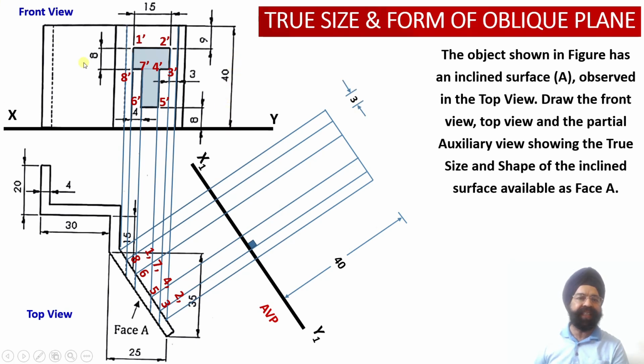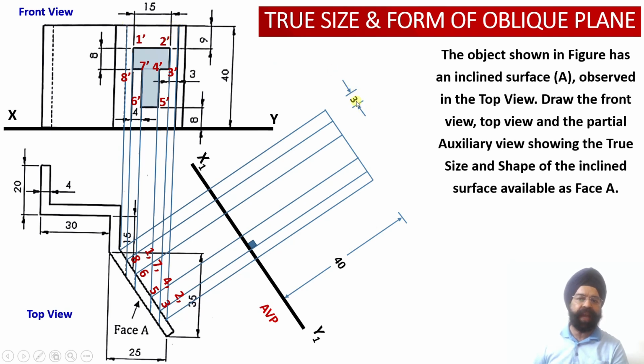Now, another thing we can see is that this distance has been provided as 3 millimeter, and by symmetry even this distance is also equal to 3 millimeter. From this boundary of this rectangle, it is this rectangle that we are going to focus upon and draw in the auxiliary elevation projection.